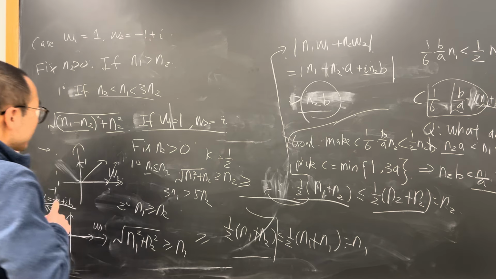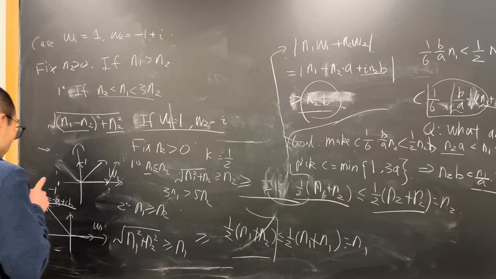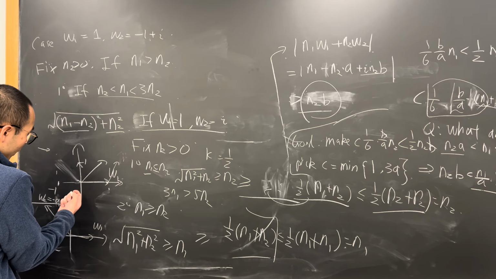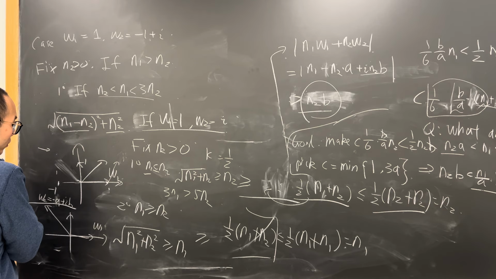So again, for any n1 and n2, any W1 and W2, no matter whether it's positive or negative, we can always fit them into one of our scenarios, right?